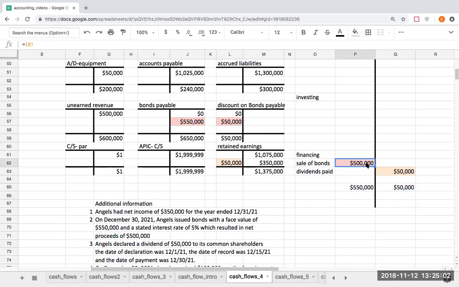And what I want to show on our statement of cash flows is the cash proceeds. So the better way to do this, instead of describing an increase in bonds payable of $550,000 and an increase in the discount on bonds payable of $50,000, is to write this as sale of bonds for $500,000. So there we go.